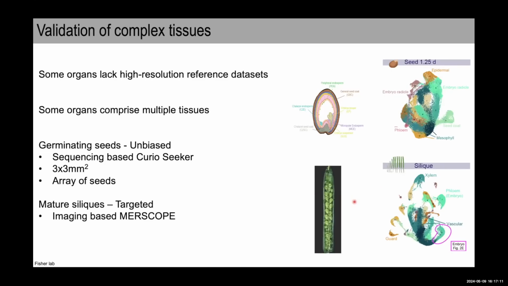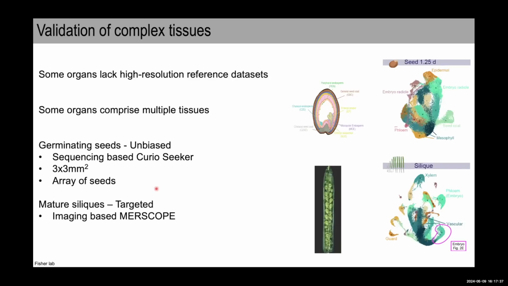So we used both the sequencing and the imaging-based approach. For the germinating seeds, we used the sequencing-based or unbiased approach, because the size of the seeds allowed for this. Seeds are very small, so in this particular example we made an array of seeds in one of our tissue blocks, and we simultaneously profiled several seeds in one experiment.